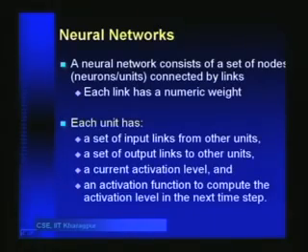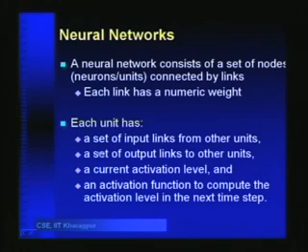A neural network consists of a set of nodes which are neurons connected by links. Each of these nodes has very simple processing capability, and there are lots of them and they are connected by links. Each link has a numeric weight associated with it.